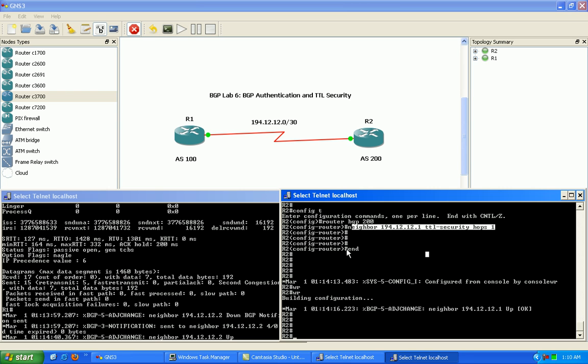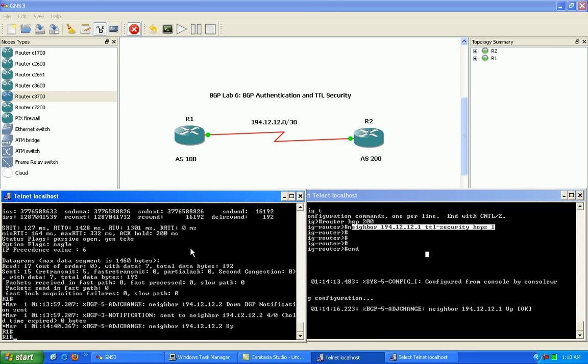We looked at why you would set that up, and in this case we would set up TTL security basically to prevent network security attacks by outside sources that are trying to become adjacent with the local router.